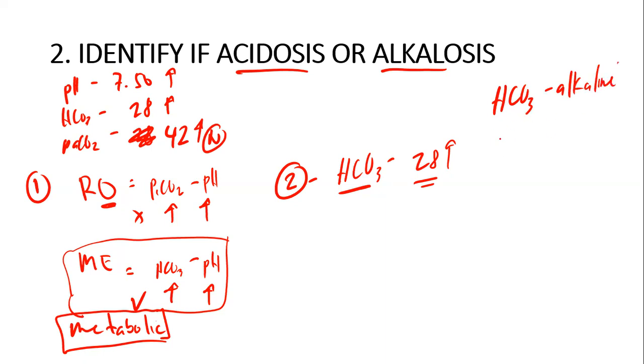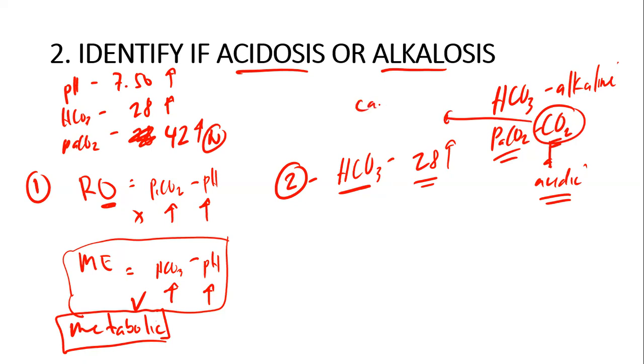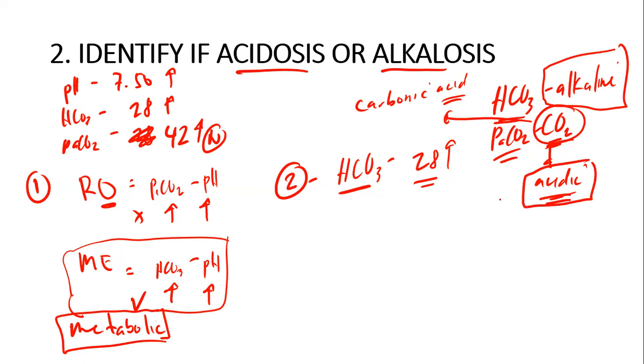And on the other hand, PaCO2, or basically your carbon dioxide, is acidic by nature, right? Because your carbon dioxide is derived from carbonic acid, which is an acid. Therefore, the more carbon dioxide, the more acidic. So same goes with bicarb. If you remember that, that will be your guide in identifying your acidity or alkalinity.